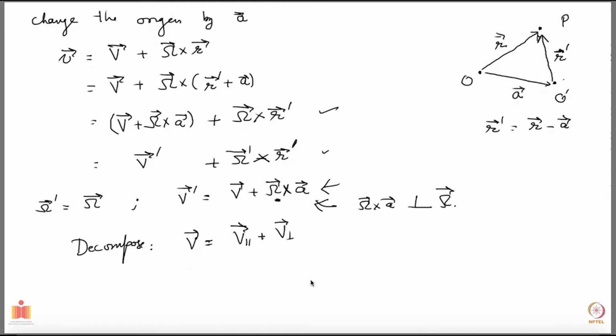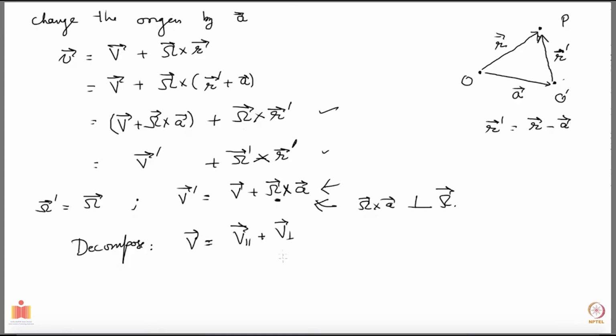Anyway, I have said what I wanted to say, that only V perpendicular is going to change, which means that your V parallel is not going to change, of course, and it also means that you will be able to choose a vector A such that you can get rid of the V perpendicular.